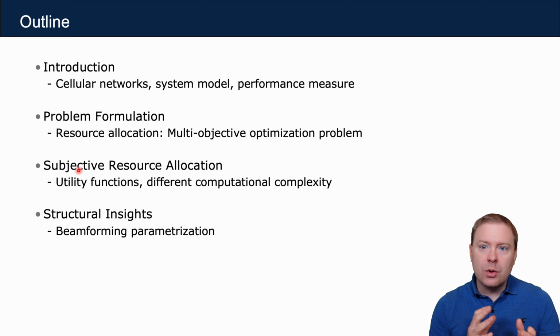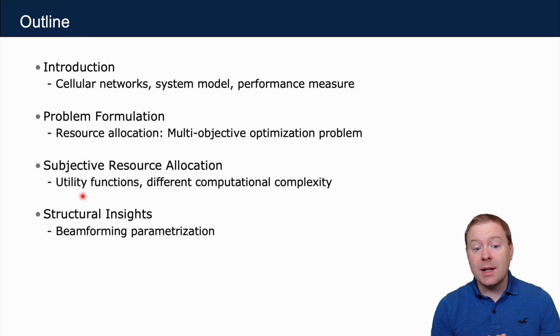And then, in order to solve it properly, we need to make a subjective resource allocation decision and define something that we call a utility function. We will look at how the choice affects our computational complexity. And finally, provide some structural insights into how the beamforming is actually geometrically structured.